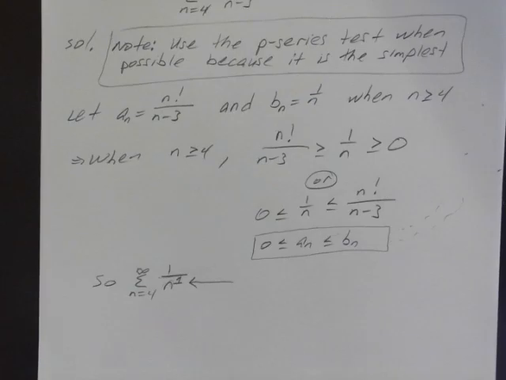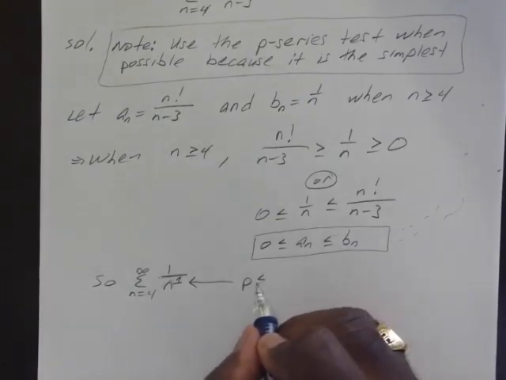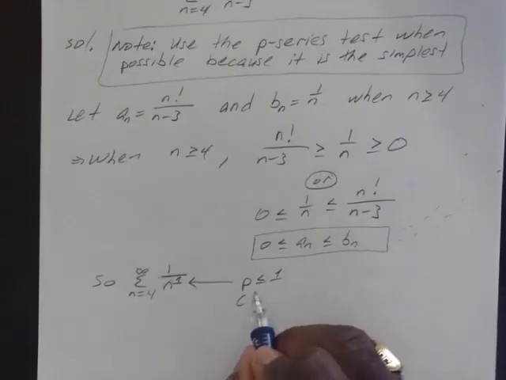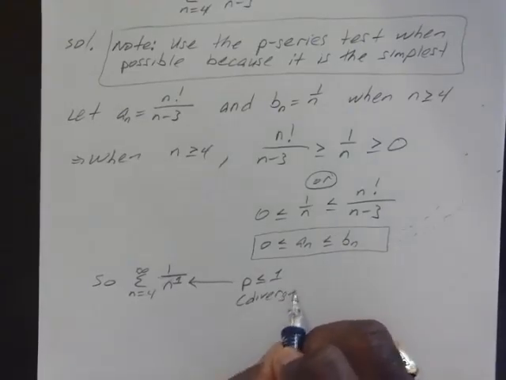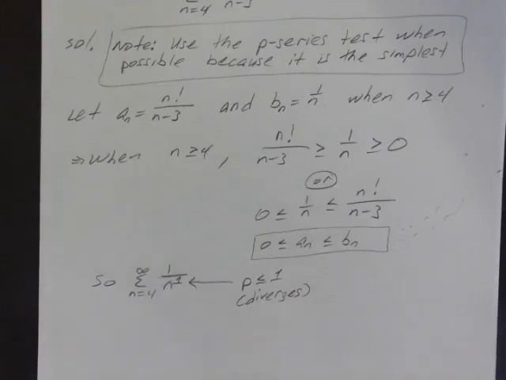And with the p-series test, we know that when p is less than or equal to 1, it's divergent. So if our a sub n is divergent, so is our b sub n.